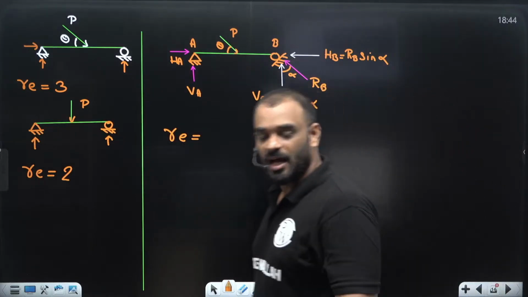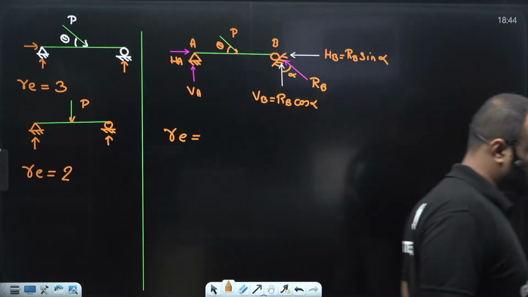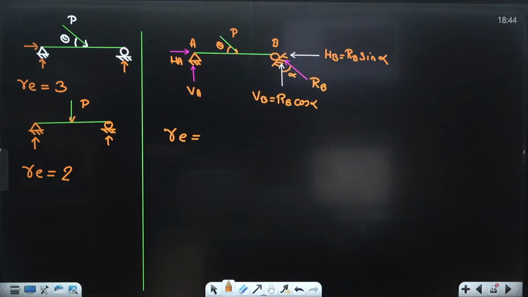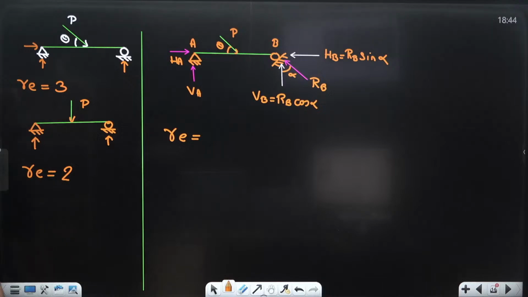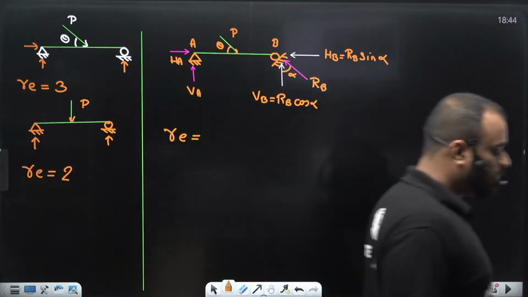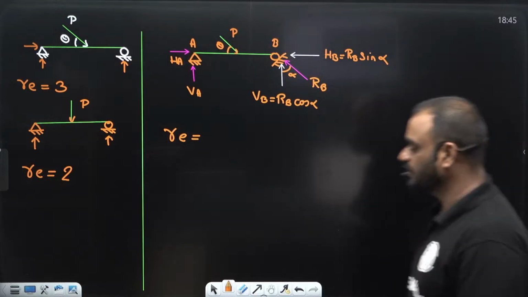Tell me guys, how many independent external support reactions will develop in this particular case? Write it down guys quickly.